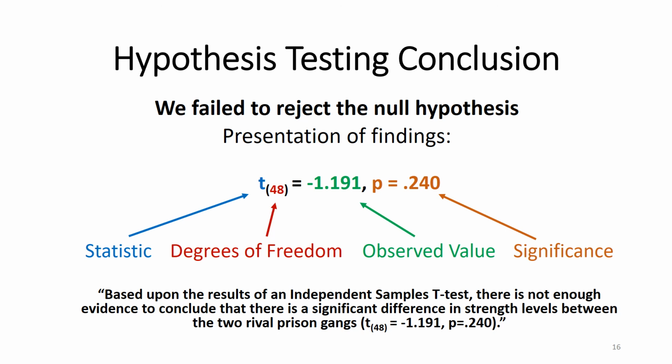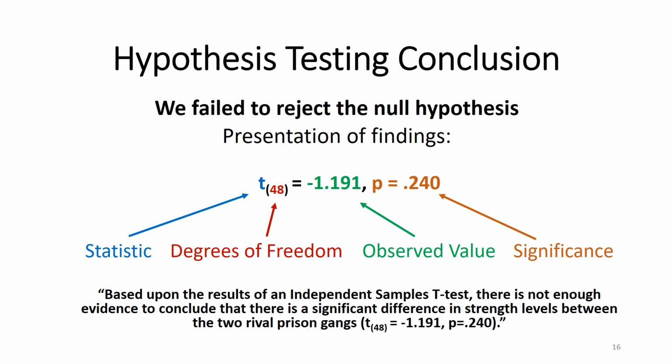And then you'll notice at the end of that sentence, I've got a bunch of numbers thrown in there. This is a way for us as statisticians to convey our findings in a nice, concise manner to the general public who may not have as much knowledge about statistics as we have. So all those numbers at the end tell somebody who knows what they're looking for a lot of good information.